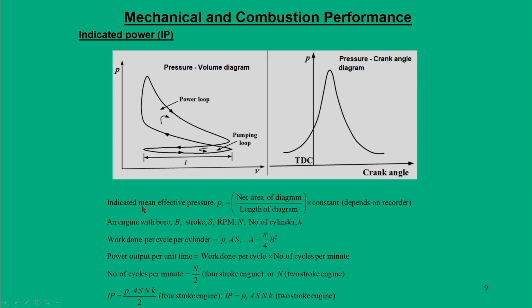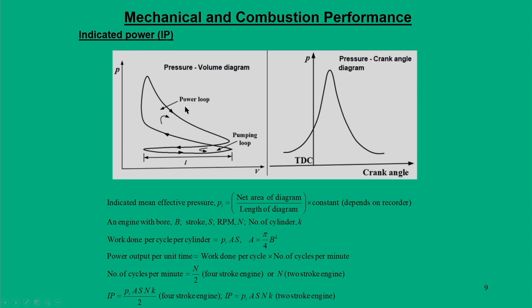The indicated mean effective pressure is defined as P I, that is equal to the net area of the diagram, which means the net area between the power loop and pumping loop.